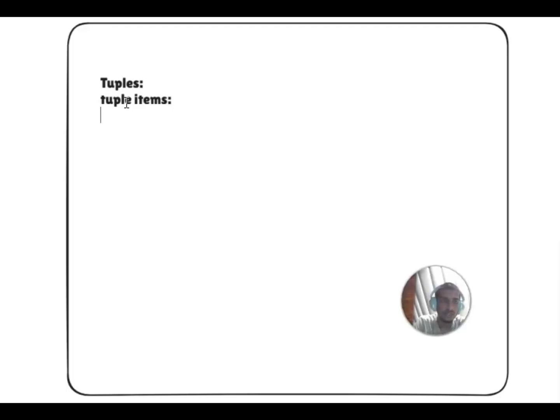Basically, tuple items are ordered, and they are unchangeable, and it is immutable, and it allows the duplicate values same as list.